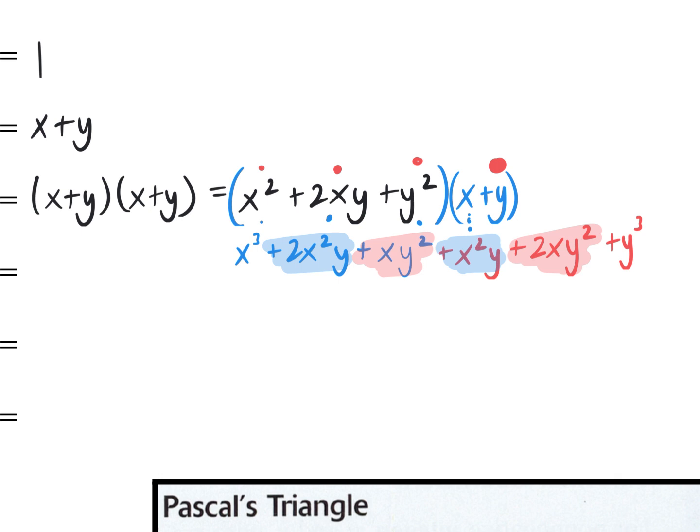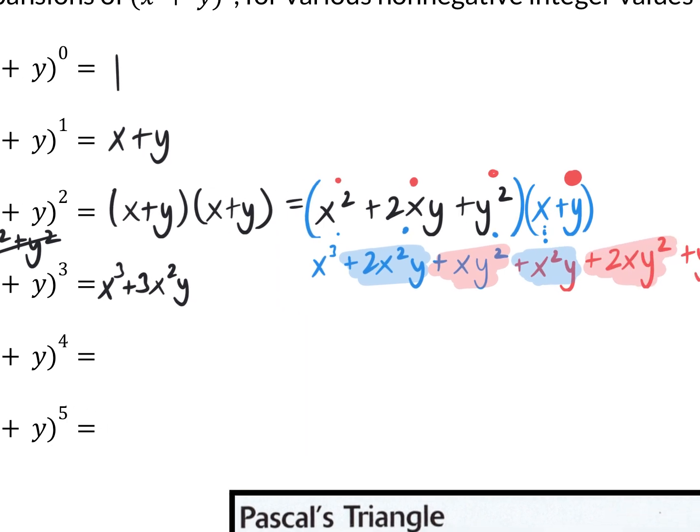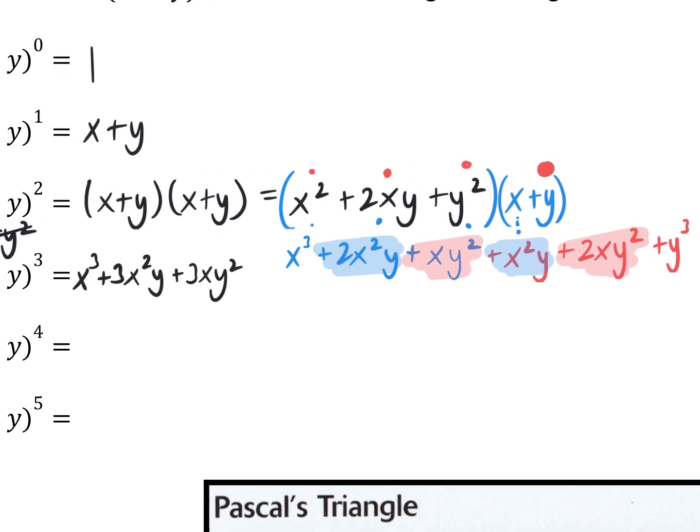But then when I add these together, my final answer would be x cubed plus 3x squared y plus 3xy squared plus y cubed.